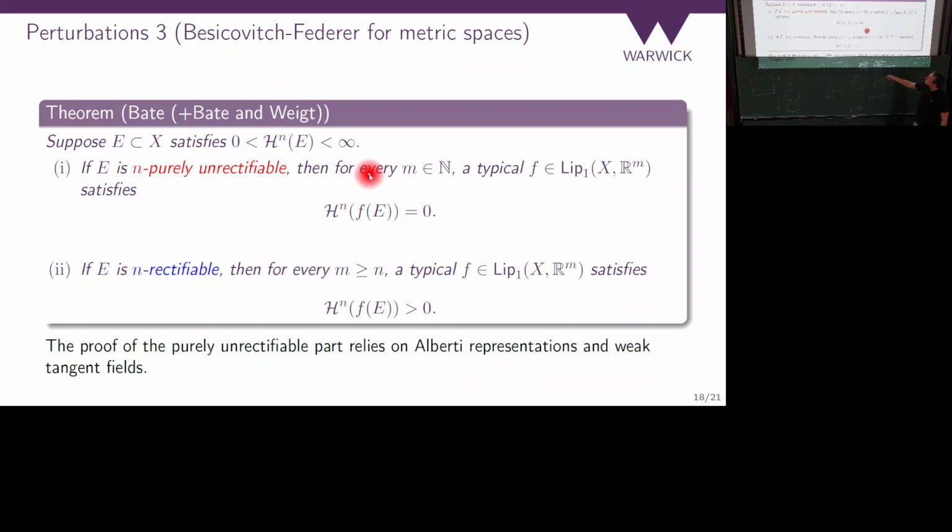Another thing we might want to try is remove this condition, but we can see that completely fails for the snowflake, because except for constant maps, the image of the snowflake is a connected, non-trivial space, so it has positive length. So you can't do anything. And the results I'm going to present combine these two problems and solve them both at the same time while simultaneously not solving either one of them, because the two changes you make help each other.